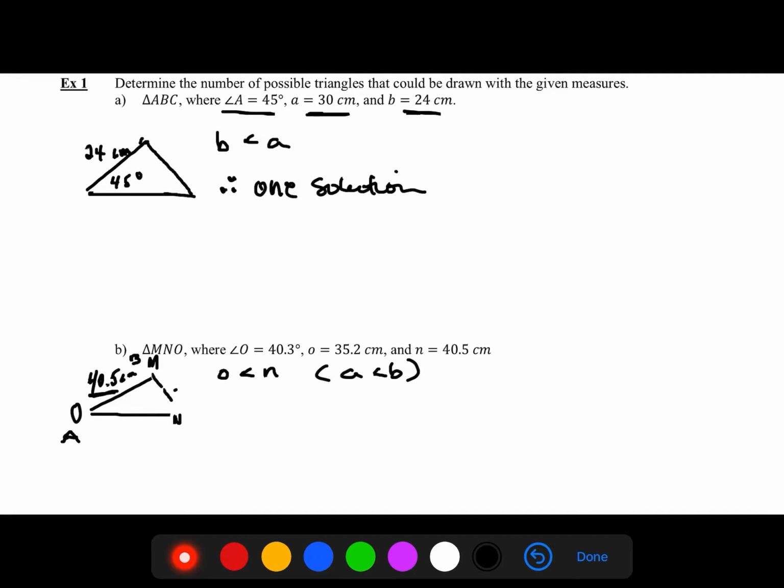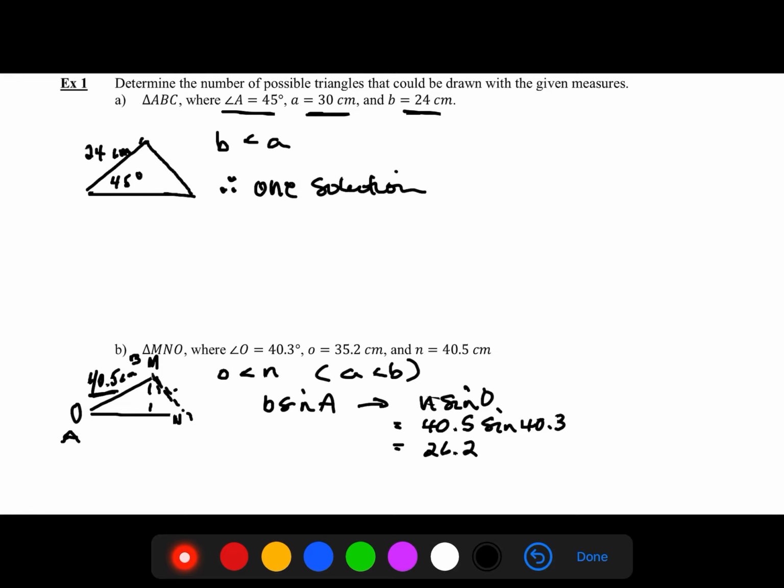When we think about B sine A, as we had before, in this case it is N times sine O, which is side N, 40.5, times the sine of our angle, 40.3.